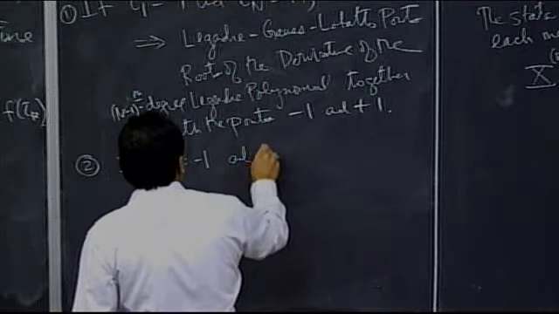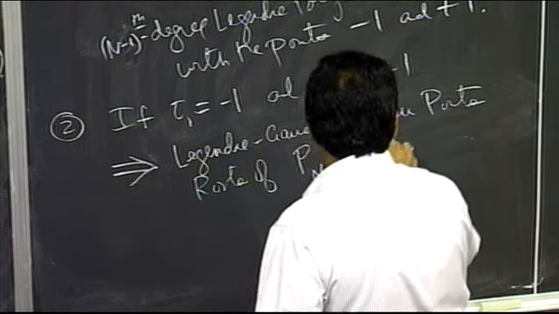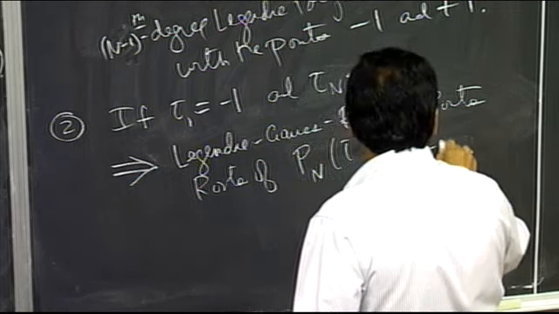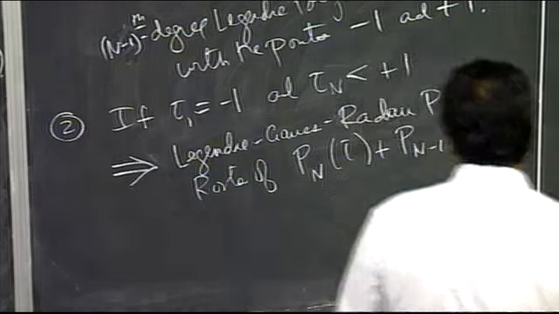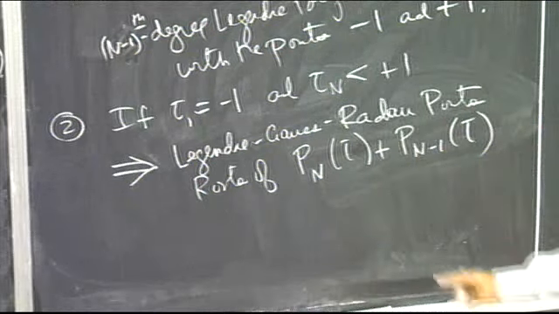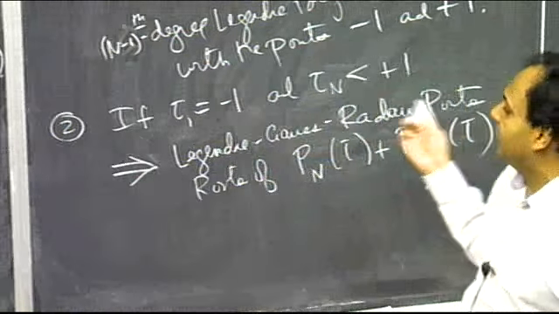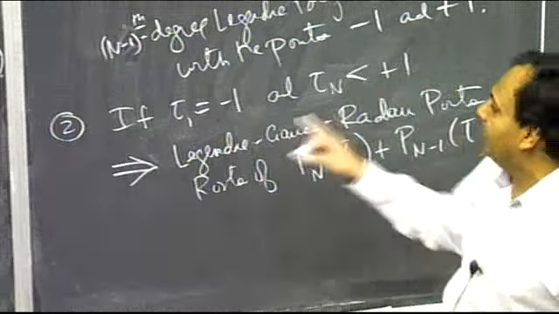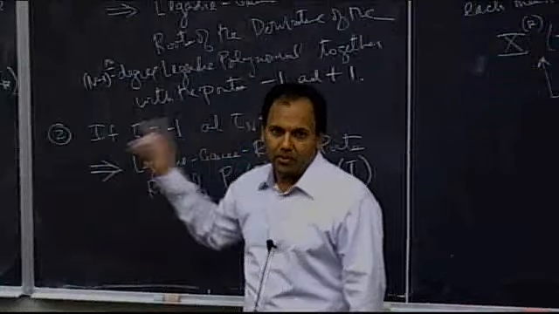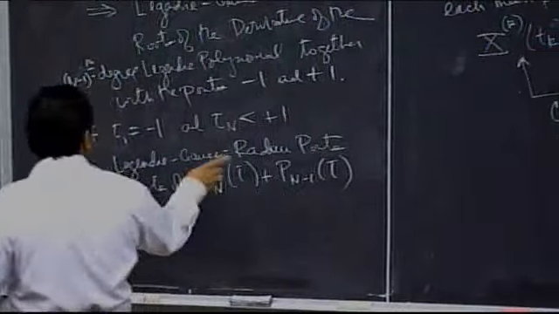And what they are is they are the roots of this polynomial, which is p n of tau plus p n minus 1 of tau. Now, if you use these points, you could equally well have used the symmetric points of these, which is that you could set tau n equal to 1 and then free tau 1, and you wind up getting the exact same result because I'm just constraining one point, not both endpoints. Those are the Legendre-Gauss-Radau points.